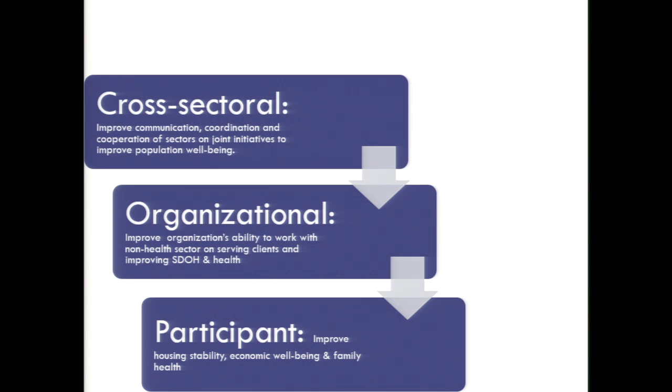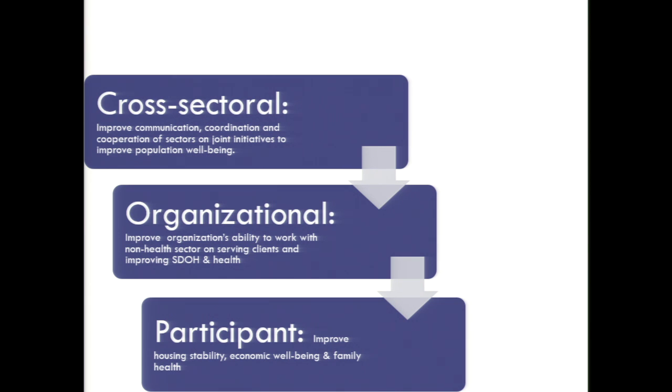This is related to the Healthy Start in Housing that we're going to be working on for our logic models and our exercises today. So here we're focusing on integrating housing and health. Our organizational level activities are intended to improve the organization's ability to work with health and non-health sectors, so cross-sector, serving clients and improving the social determinants of health.